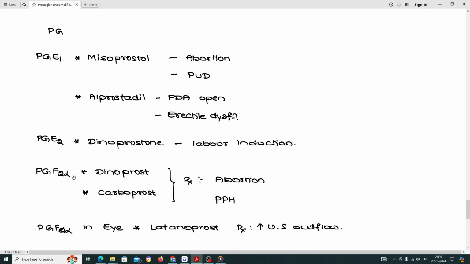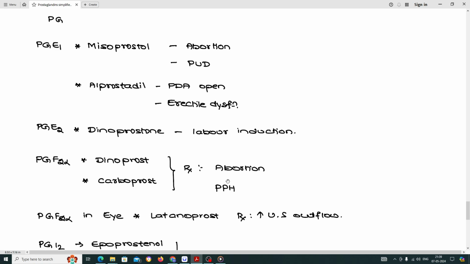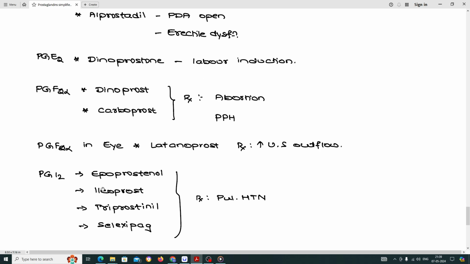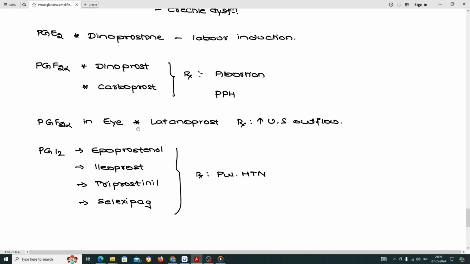Prostaglandin F2 alpha, dinoprost and carboprost, are also used for causing abortion and for control of PPH. Among the prostaglandin F2 alpha analogs for the eye, we use latanoprost to control the pressure inside the eye, a condition that can cause blindness.